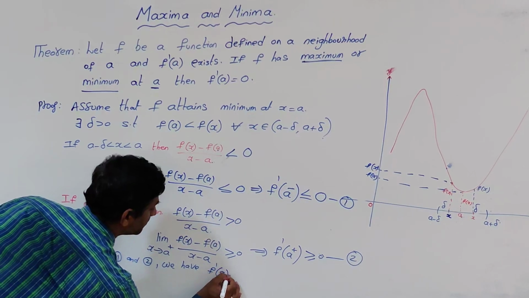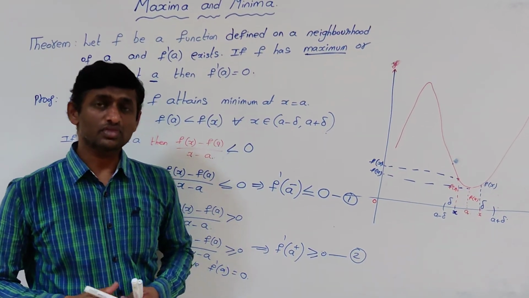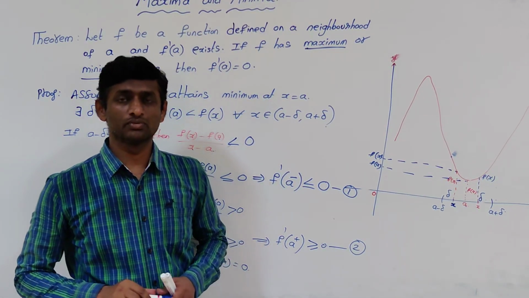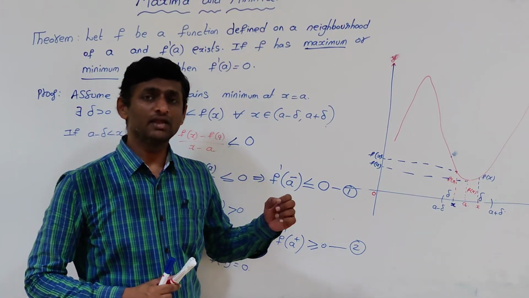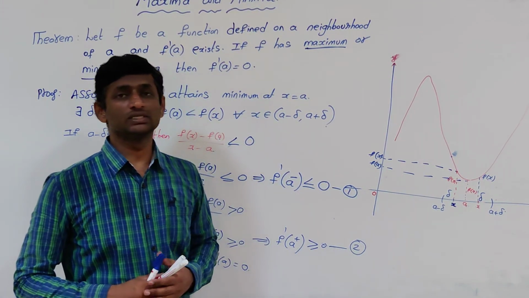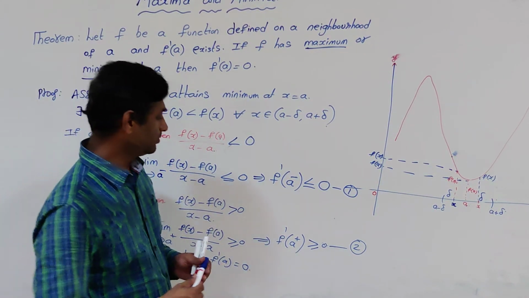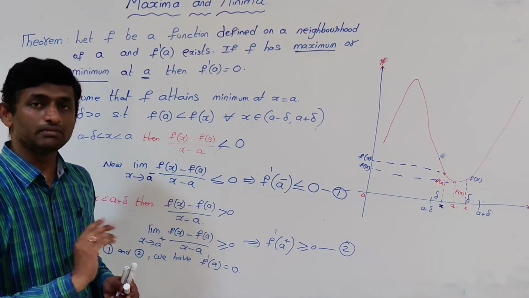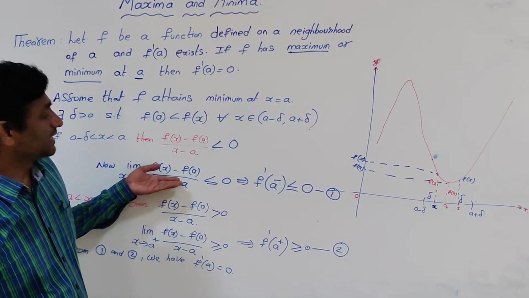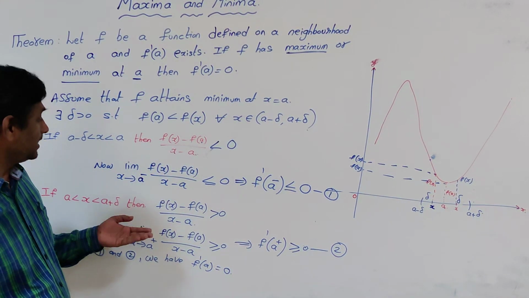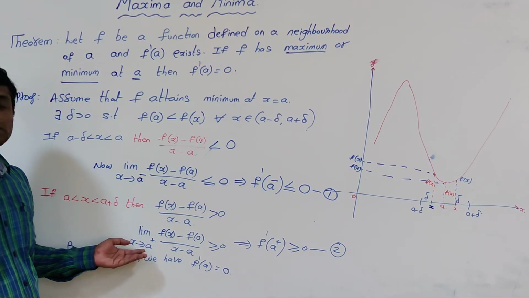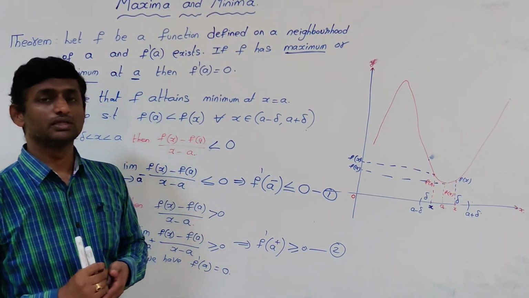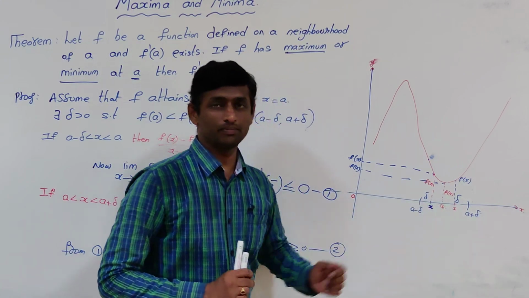f dash of a will be 0. That means if the function has a maximum or a minimum at a particular point, there the slope of the tangent is 0. In this, if the function has a minimum, the left hand derivative is negative and the right hand derivative is positive, jumping from negative to positive, then we can have a local minimum.